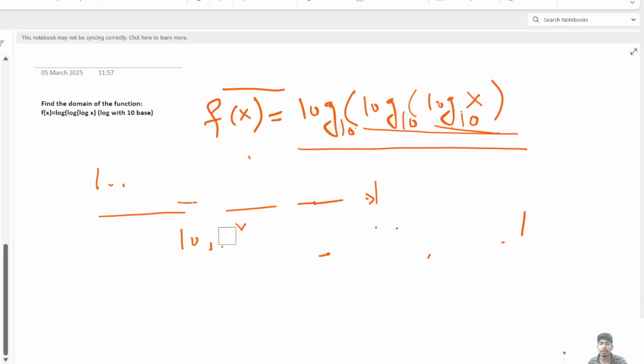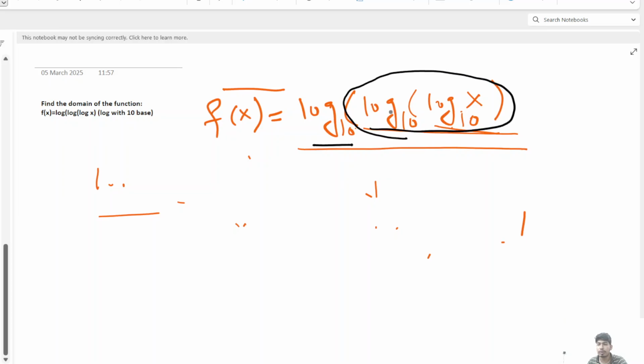What is the right way? The right way is, this value must be greater than 0 because of the log function. So log of log of log x is greater than 0.